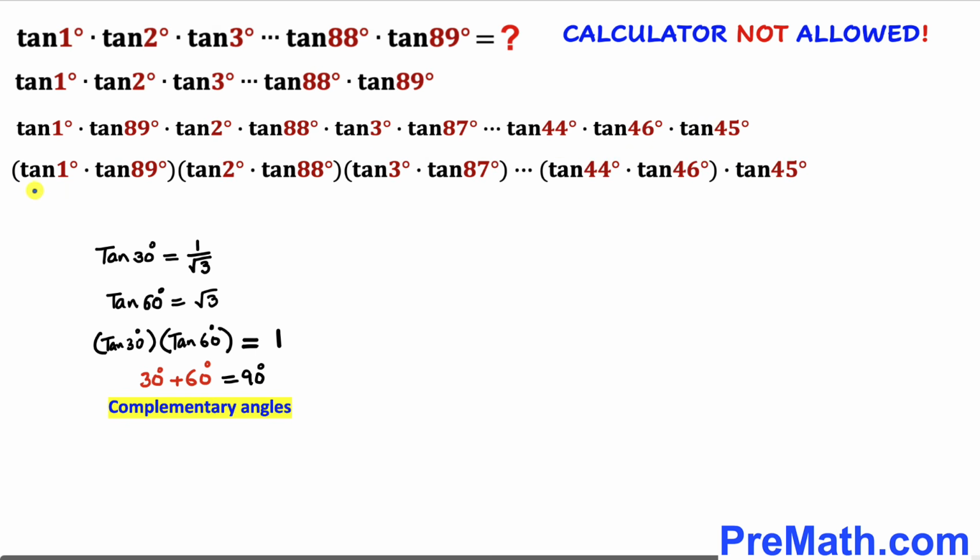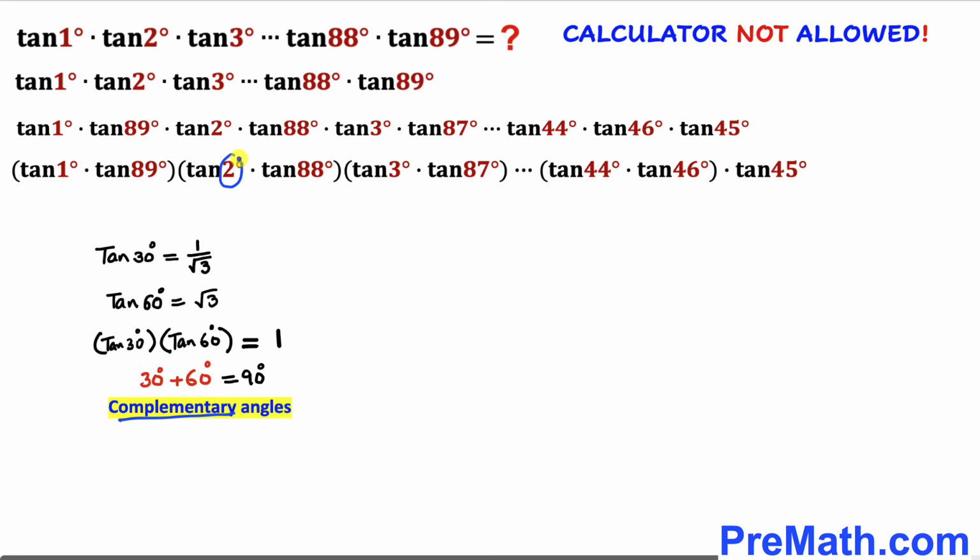Here I have grouped tangent of 1 degree and tangent of 89 degrees together, likewise tangent of 2 degrees and tangent of 88 degrees, and so on. Now let's make an observation. We can see 1 degree and 89 degrees. If we add them, we are indeed going to get 90 degrees, so they are complementary angles.